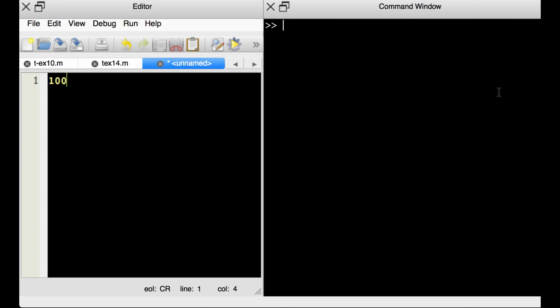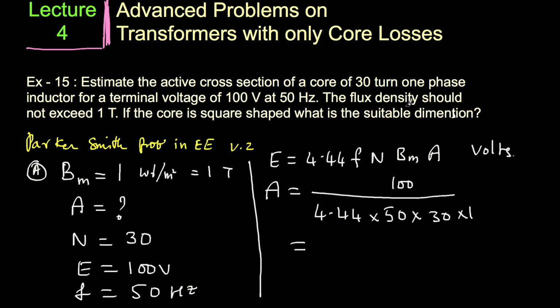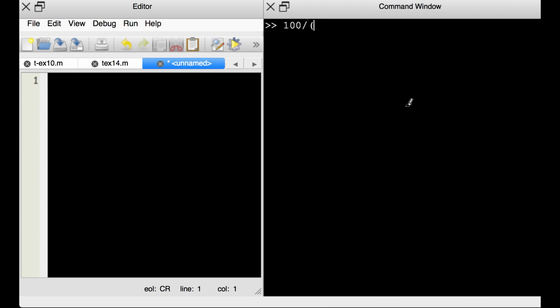So I have 100 in the numerator divided by 4.44 into frequency of 50 into number of turns 30 into flux density 1.